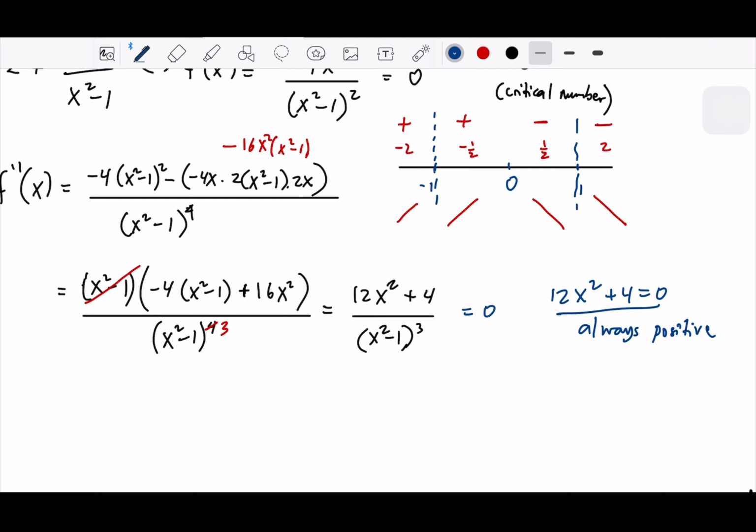Okay, but we are still able to determine when the second derivative is positive, when the second derivative is negative. Okay. How to determine positive or negative? We have this key.